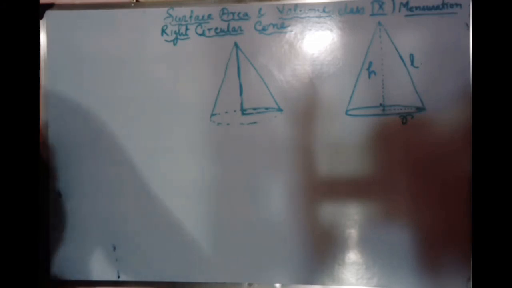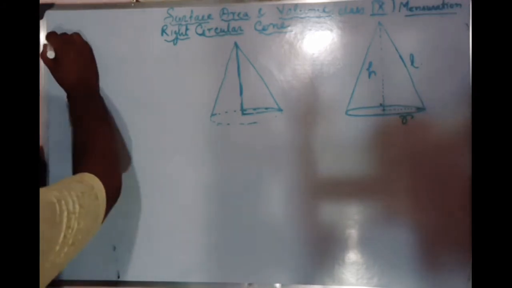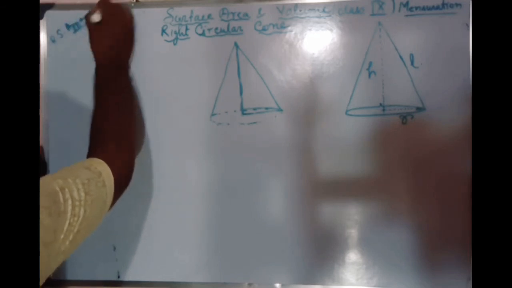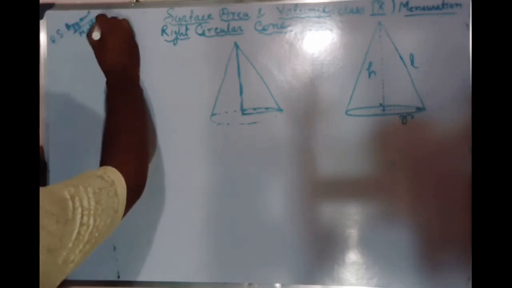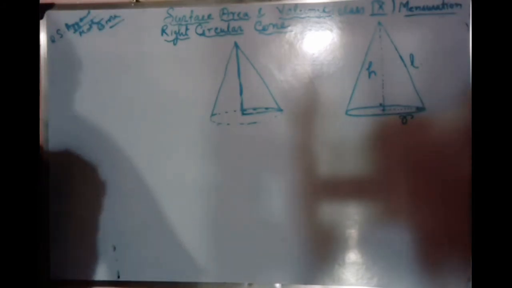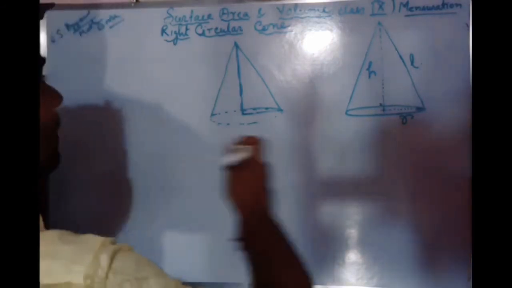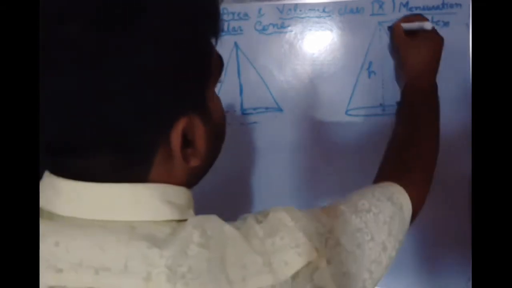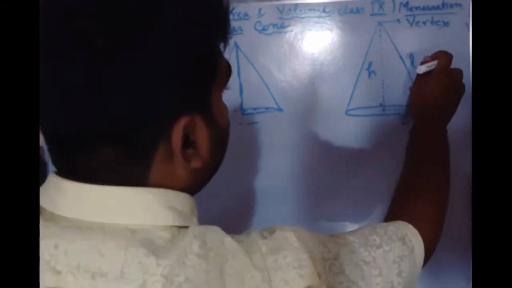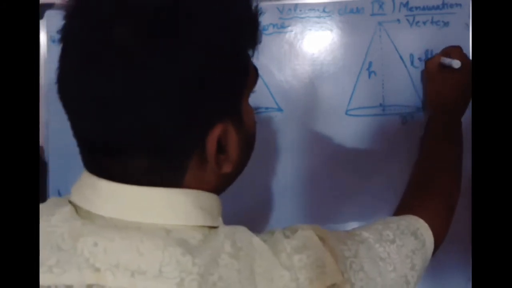Here I am following the R.S. Agarwal math book. This is called the vertex. This line denoted by small l is called the slant height.